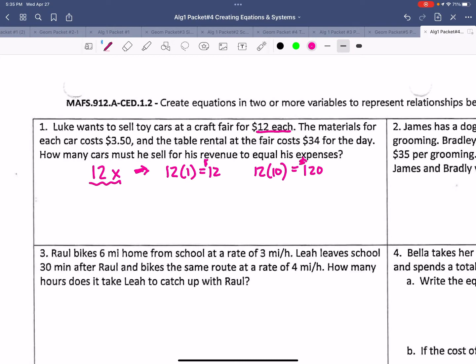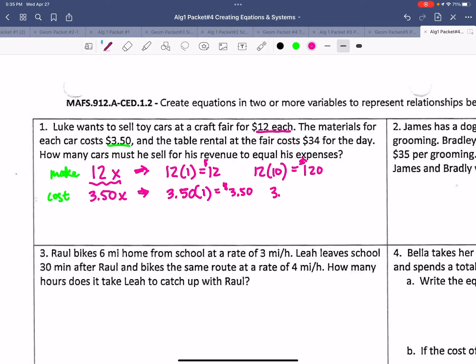The materials for each car cost $3.50. Okay, so this would be how much you make, right? And this is how much it costs, right? So each time it would cost this. So what would that mean? We could try some low numbers. If you only built 1, then it would cost $3.50.